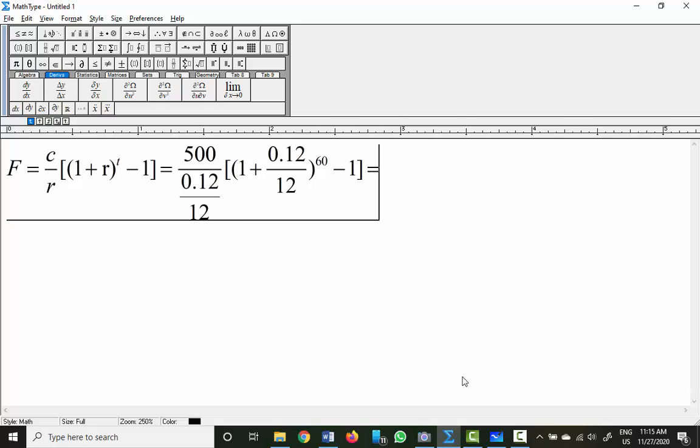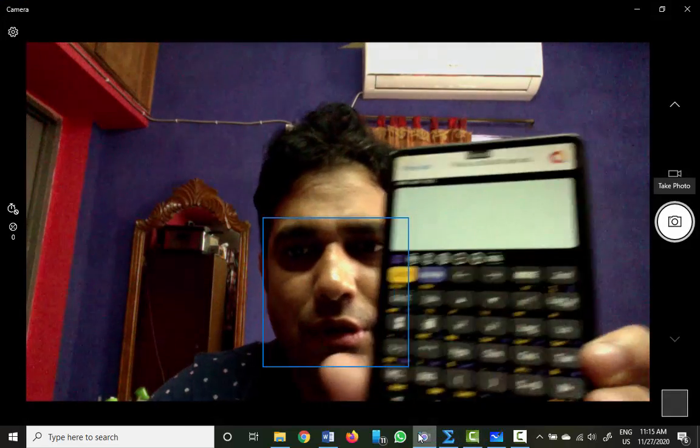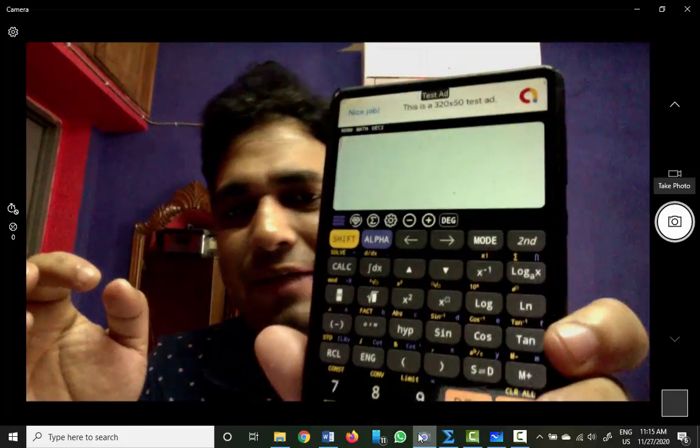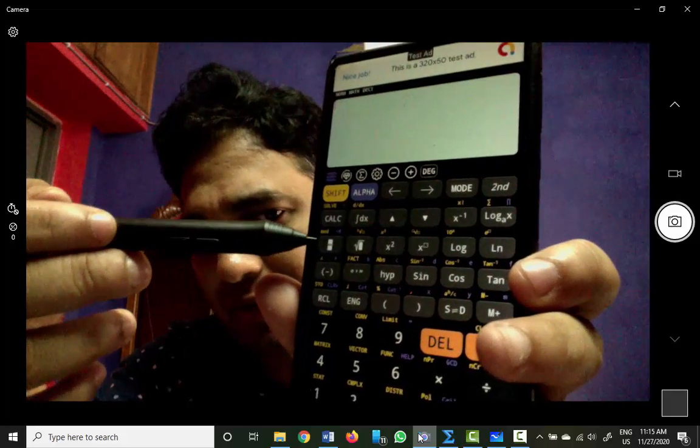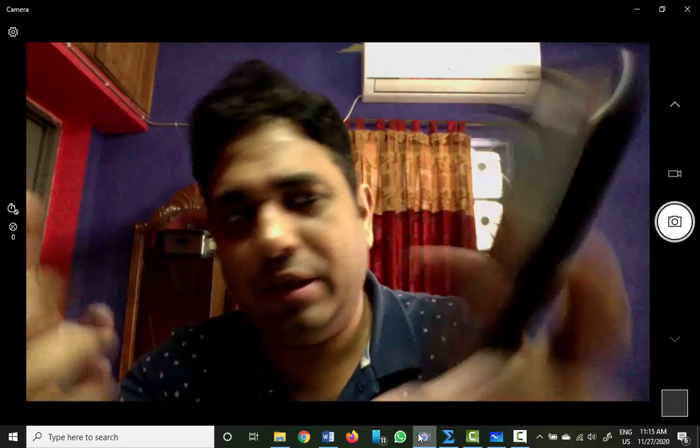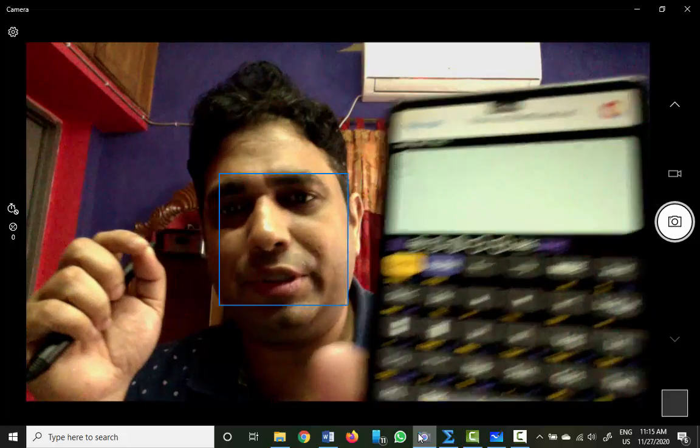So we can do this directly using the calculator, as I have shown you before. Let me show you again. First of all we will get a fraction. This is the fraction button in your calculator. If you press this button, you should get this one.